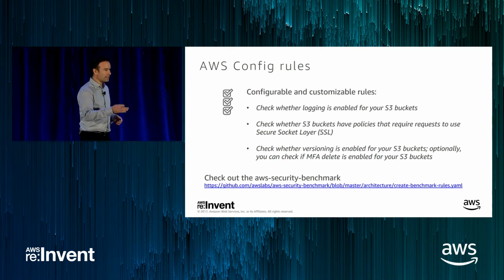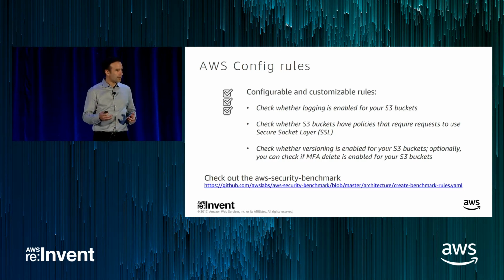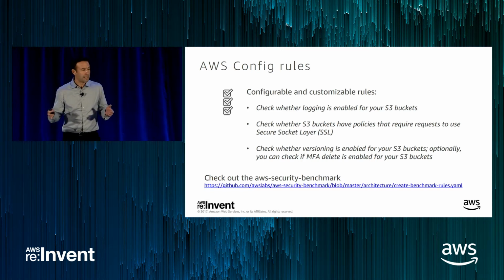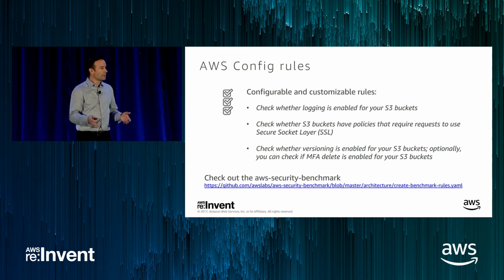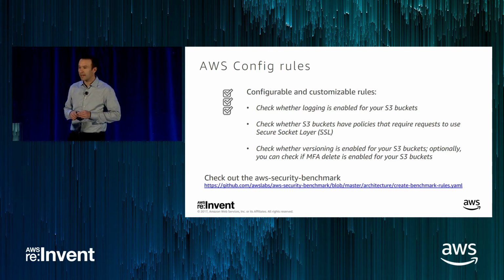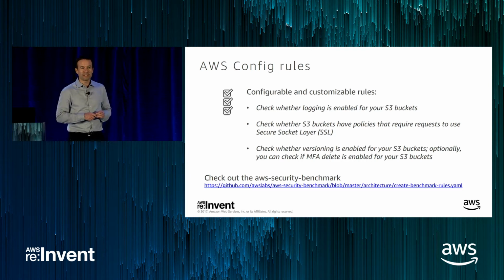You can do this anytime you want. It's a CloudFormation template. It takes about 30 minutes to run, and about another 10, 15 minutes to evaluate your entire AWS account. You can then see what is compliant and what's not compliant with CIS benchmarking, all within about 60 minutes.